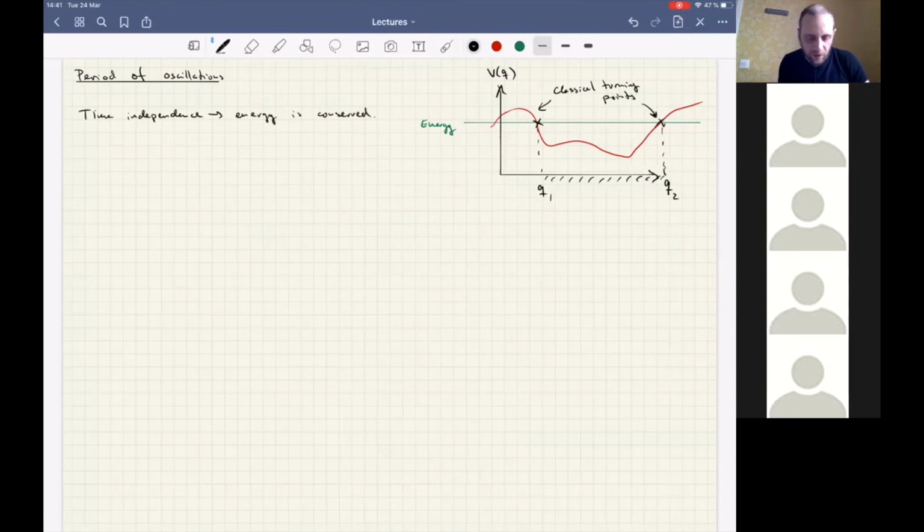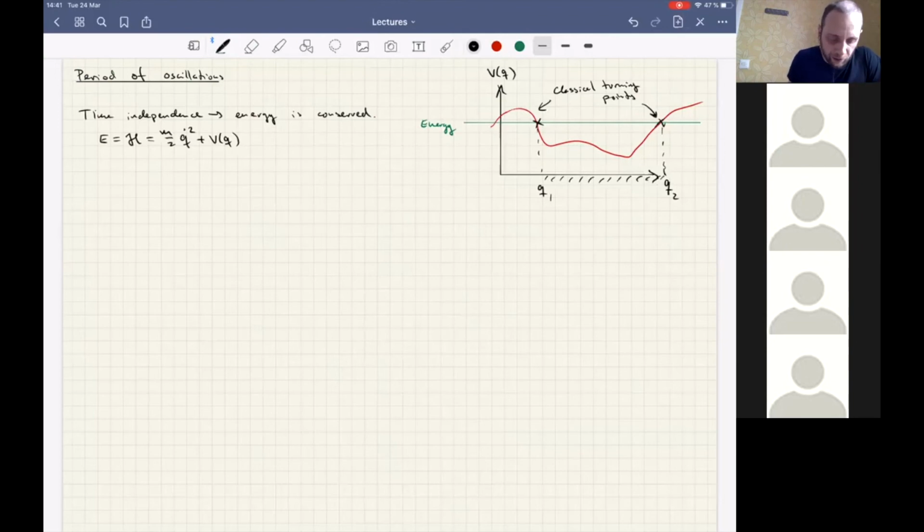And energy is just given by the value of the Hamiltonian. So that's going to be m/2 q dot squared plus V of q, just assuming that we have a Lagrangian, which is m/2 q dot squared minus V of q. This is going to be the Hamiltonian.